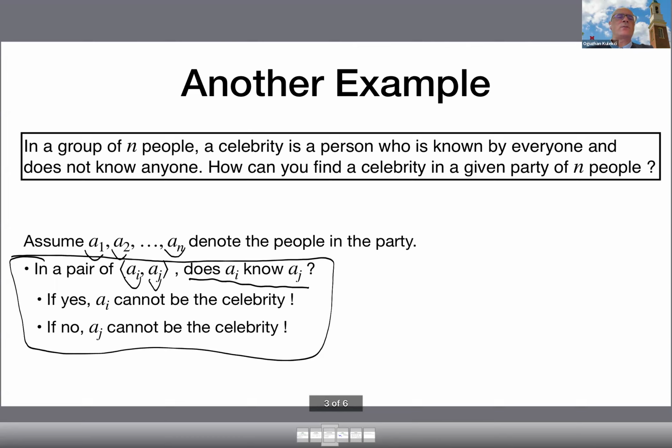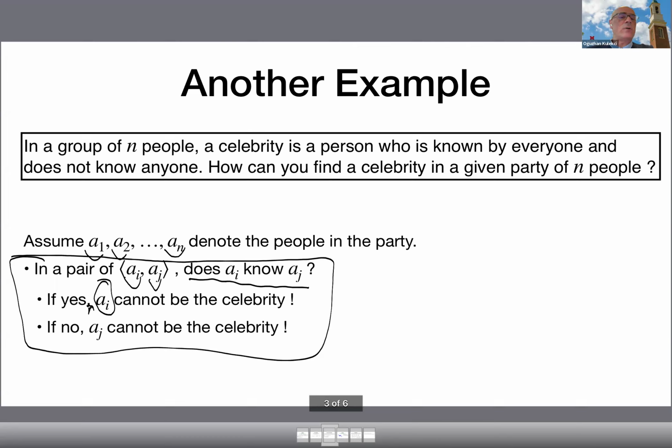If the answer is yes, then you can immediately decide that AI cannot be the celebrity. Why? Because AI knows AJ, and by definition, a celebrity does not know anyone. Since AI knows AJ, AI cannot be the celebrity.